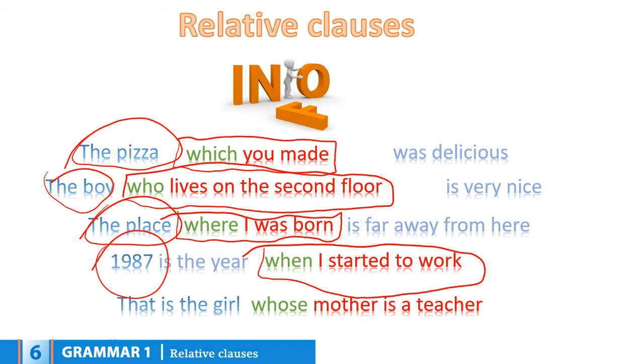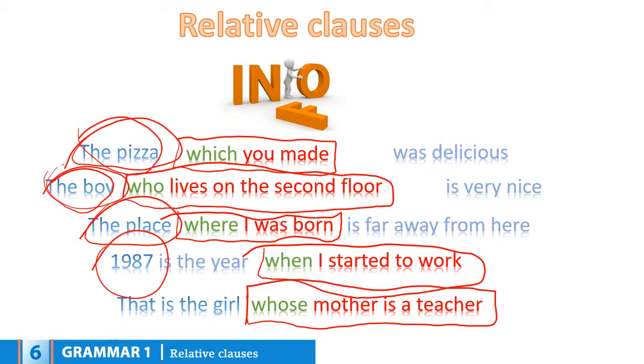So you're given extra information about this girl. I know she's got a mother, and I know she is a teacher. So these relative clauses give extra information about something like a pizza or someone or something else like a year, for example, or a place.